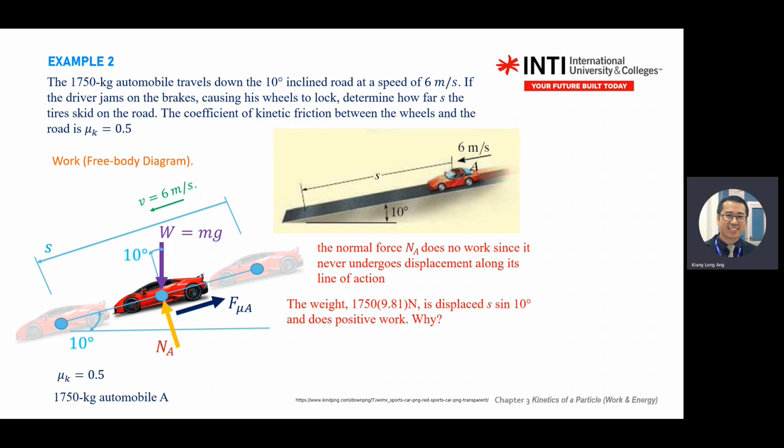What is positive work? It is when your force and distance traveled are in the same direction. So if you split your W into this direction and that direction, this component goes down, your car is moving down, the same direction as your S. So you get positive work for the W.